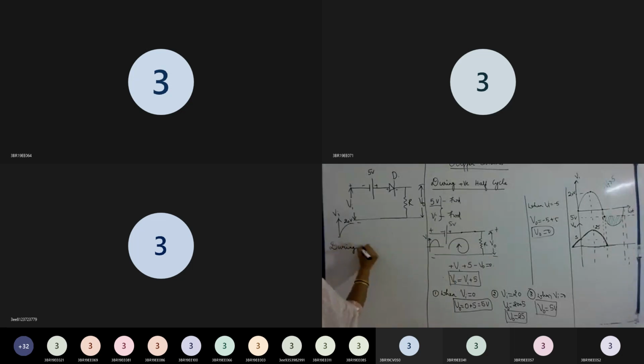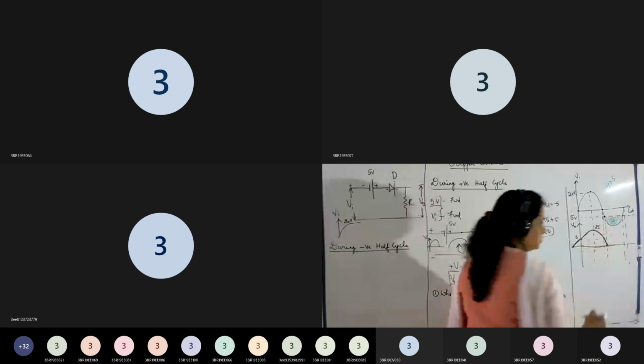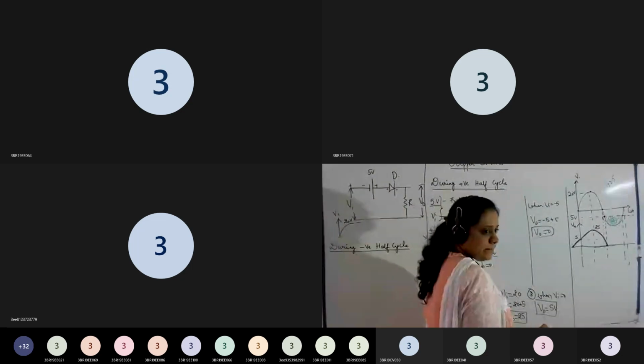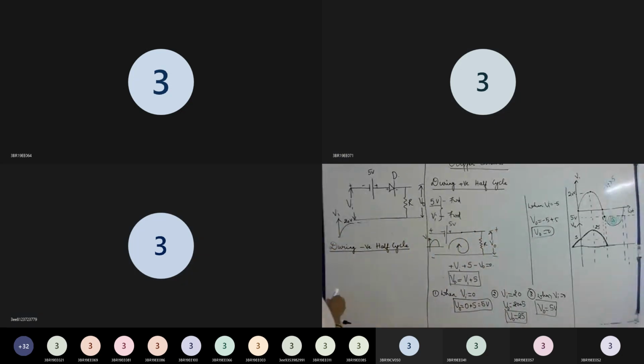So during negative half cycle, as we have discussed there, shall I write it as the second region? Yes, ma'am. So second region, what is the relation? Minus Vi is greater than minus 5, correct?